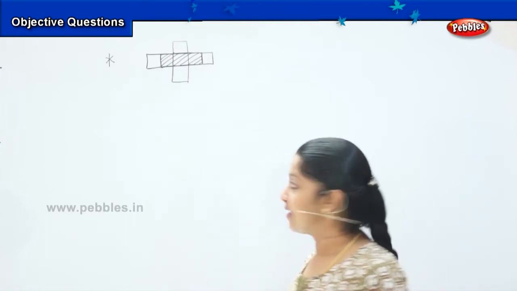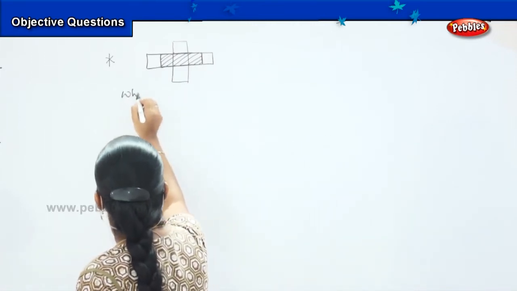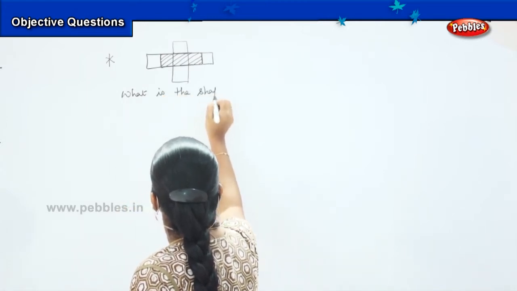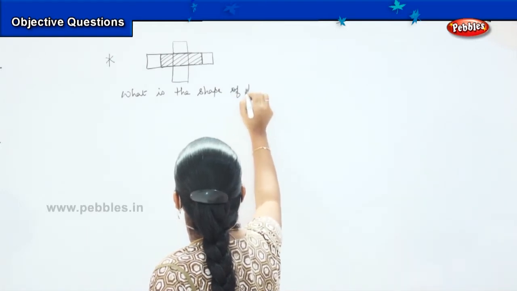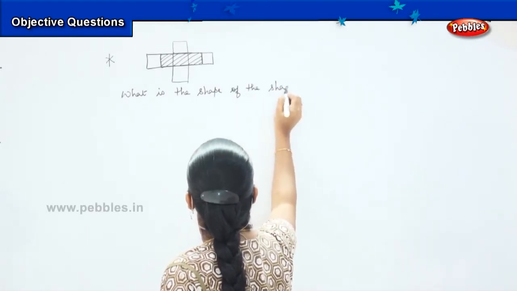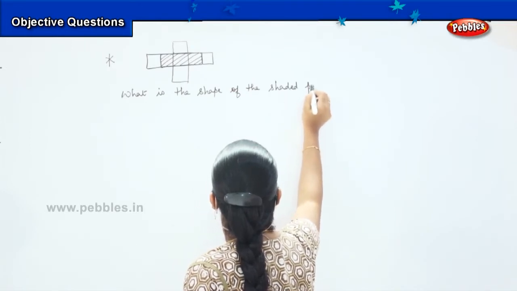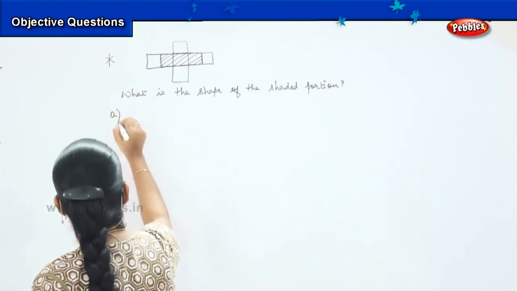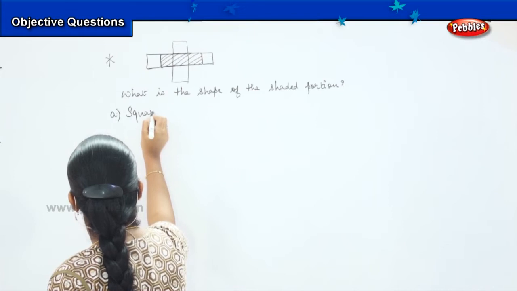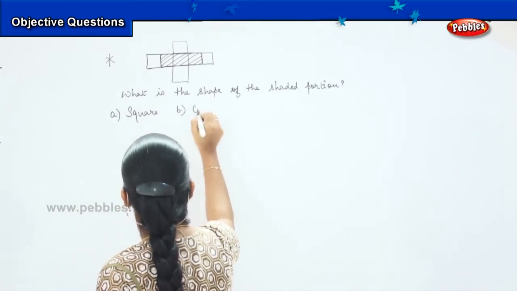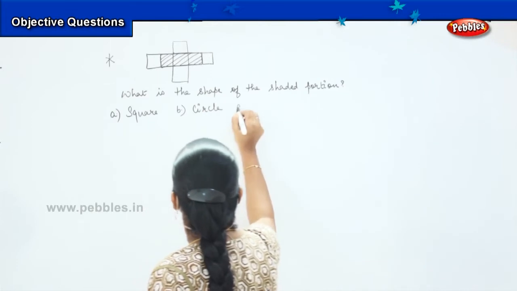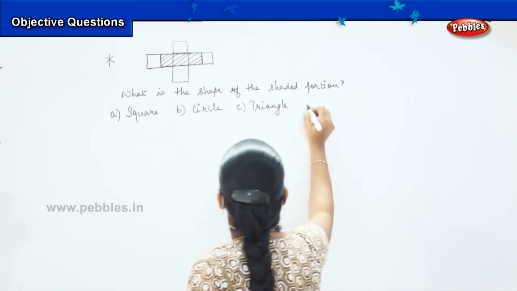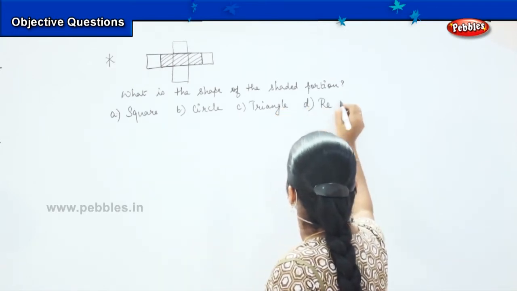Now, the question here is, what is the shape of the shaded portion? And my options are A, square, B, circle, C, triangle, and D, rectangle.